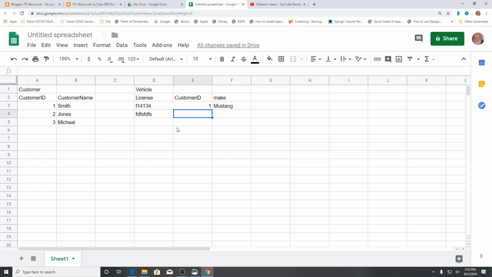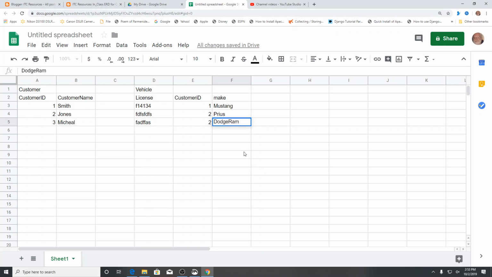Oh, okay. All right. So I'm going to do 2, and he has a Prius. And then I'm going to do another letter, mess this up. And he also has a, what is he going to have? Dodge Ram. Totally the opposite of a Prius.